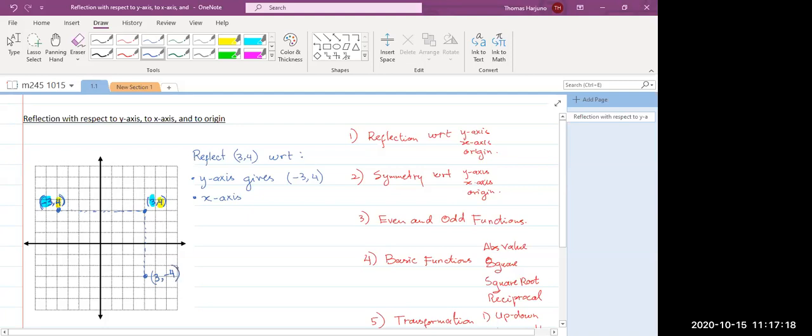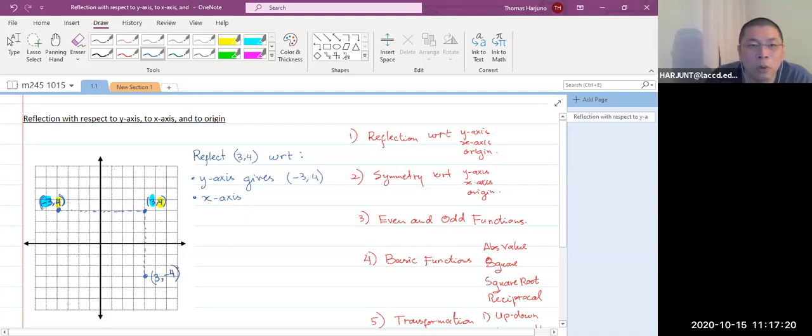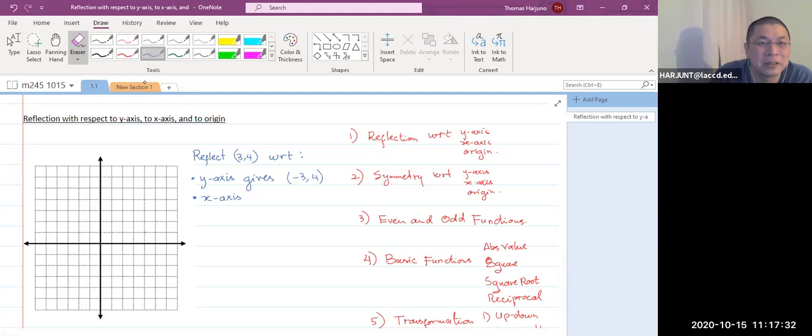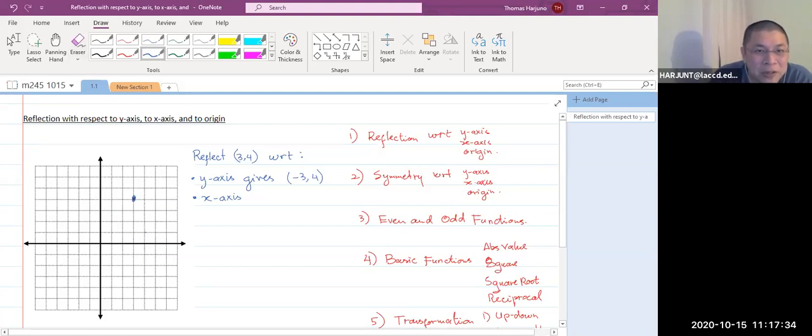Isn't the x 4 and the y 3? Oh, what am I doing? Thank you, thank you. Let me change the graph. You're right, my bad. 3, 4 is here. So when I reflect that, it becomes negative 3, 4, right?